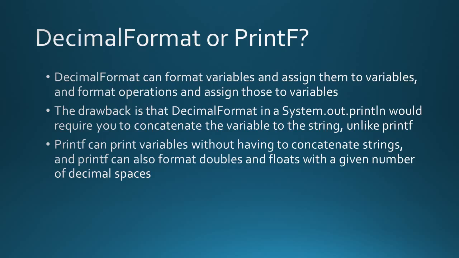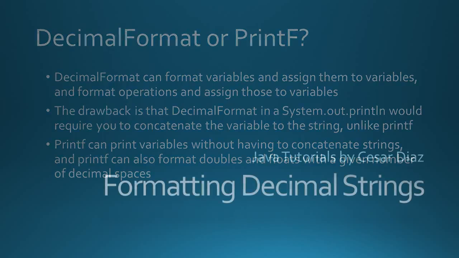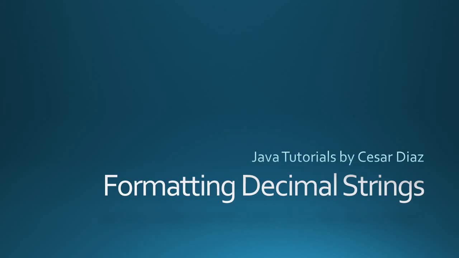You use a placeholder instead, and you associate the variable to the placeholder after the string. In conclusion, as we have seen, PrintF and DecimalFormat can both be used to format decimal values. PrintF can format decimal values and print variables without having to concatenate, and DecimalFormat can assign formatted strings to new variables. Each has their strength and weakness.